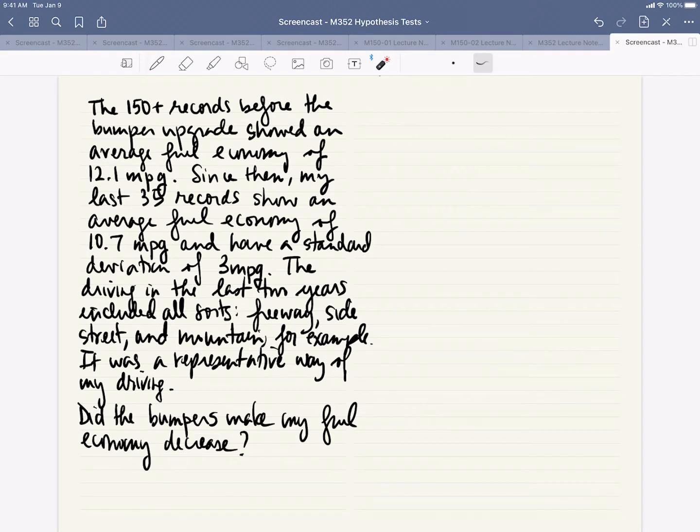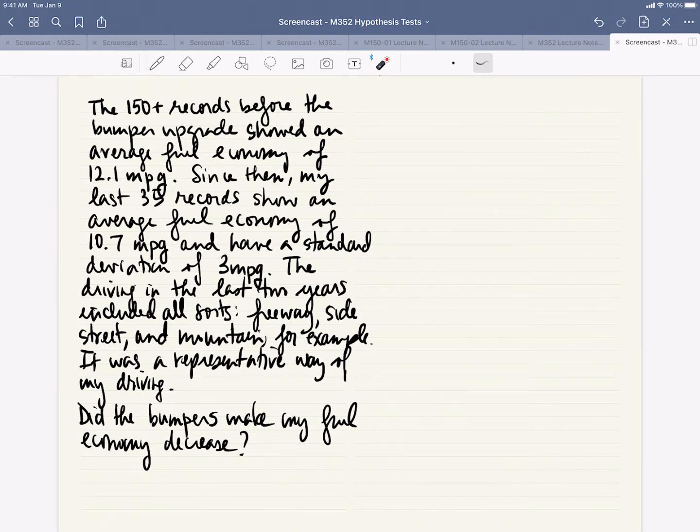Since I put on the new bumpers, I've gone to the gas station about 35 times, and those 35 records show an average fuel economy of 10.7 miles per gallon. In those 35 records, I've got a standard deviation of 3 miles per gallon. And this isn't unusual. This is a heavy truck. You can have big swings in your fuel economy pretty easily.